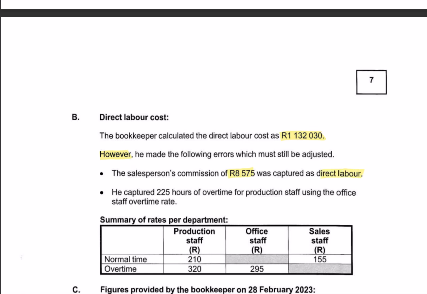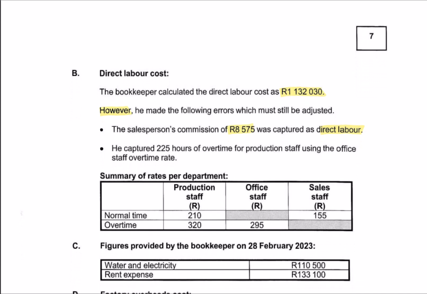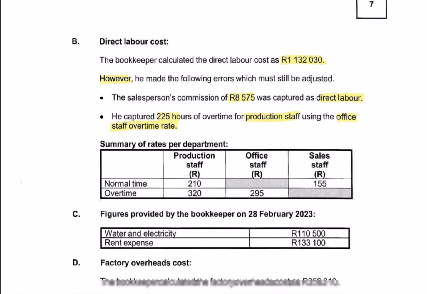Right, so that's a mistake. It's not supposed to form part of direct labor, so it's included in the 1,132,013. He captured 225 hours of overtime for production staff, but he used the office staff overtime rate, so we need to calculate an adjustment.